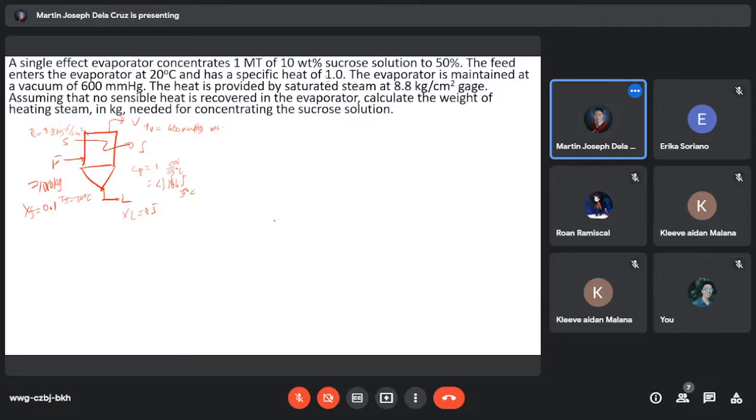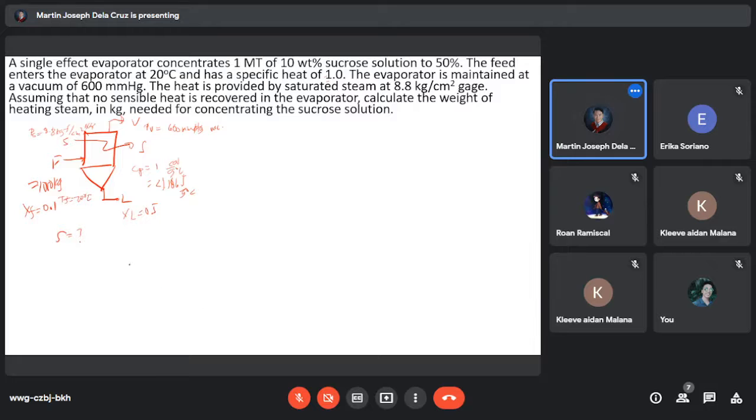So, yan na po lahat. So, calculate the weight of heating steam in kilogram needed for concentrating the sucrose solution. So, hinahanap natin is steam. Gaya lang ulit kanina class, medyo magulo lang to since hindi temperature ang given sa atin, it's your pressure and naka-vacuum and gauge siya.